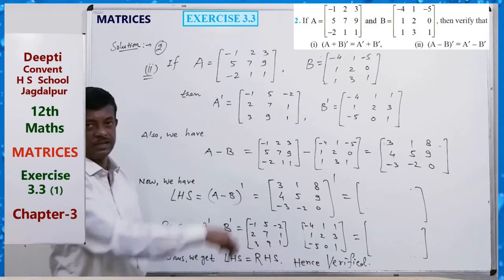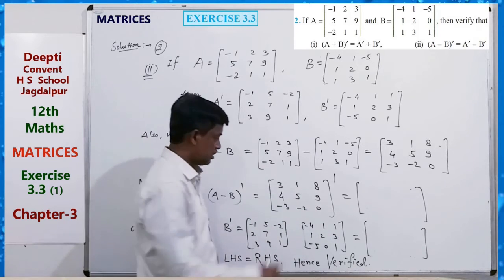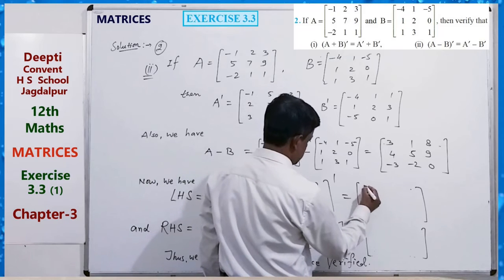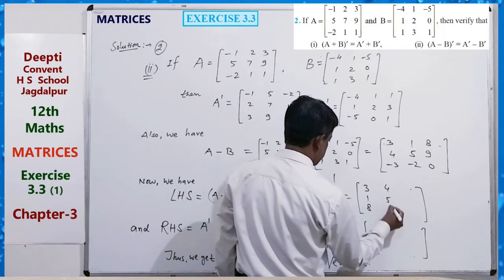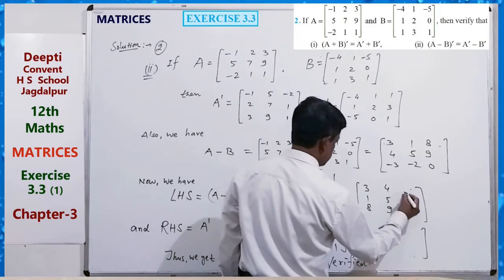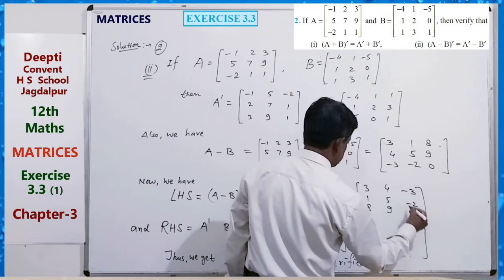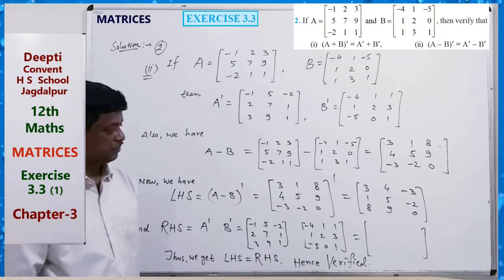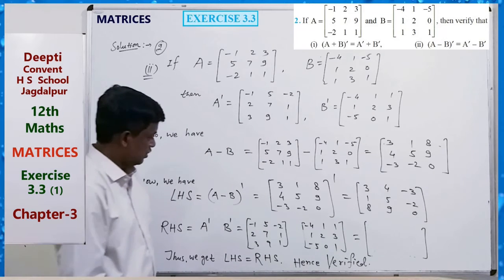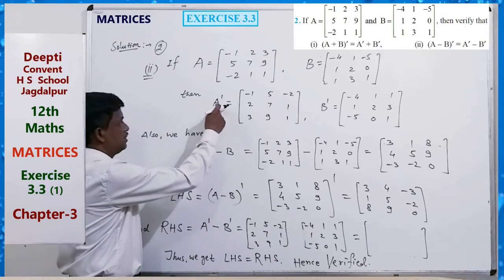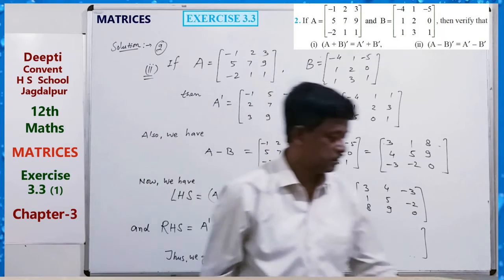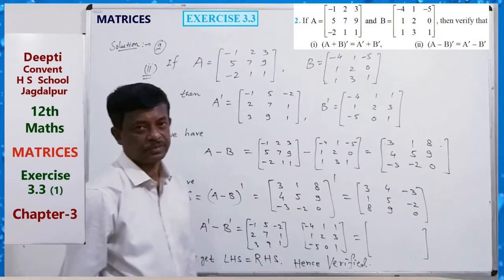Taking A minus B and its dash, transpose it. 3, 1, 8 makes a column; 4, 5, 9 column; minus 3, minus 2, 0. And now just take the subtraction, A dash minus B dash.